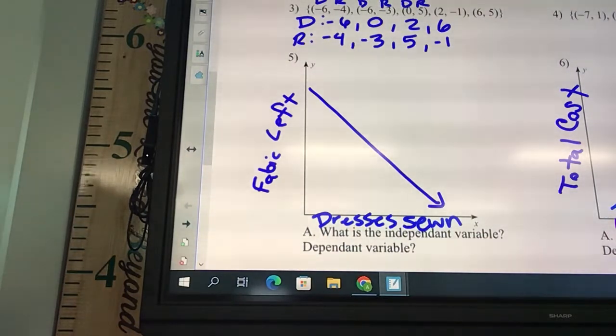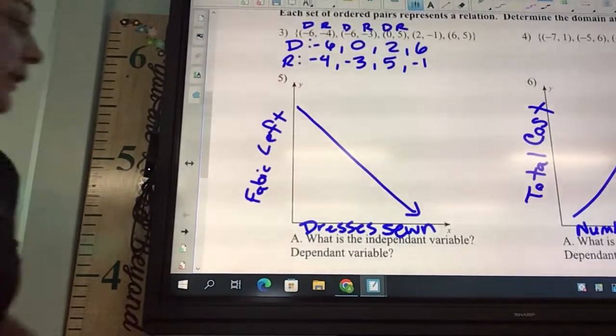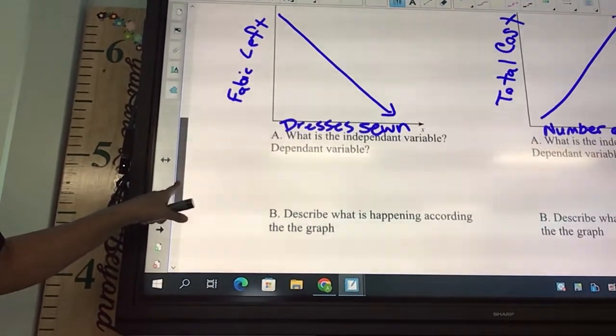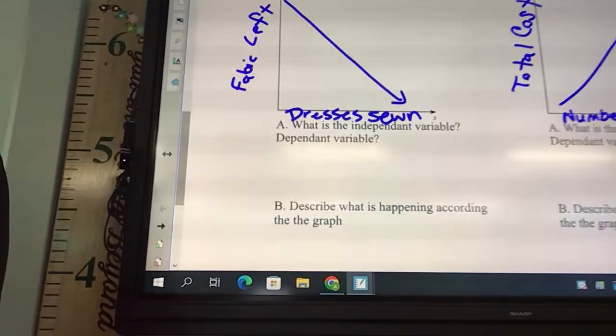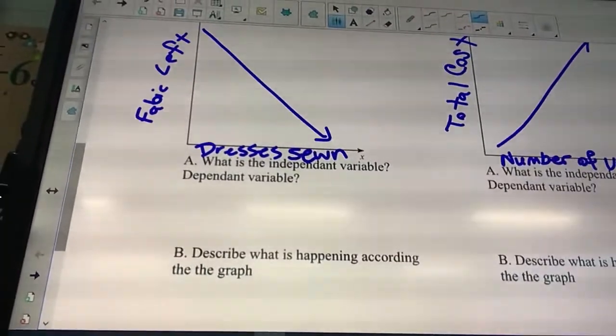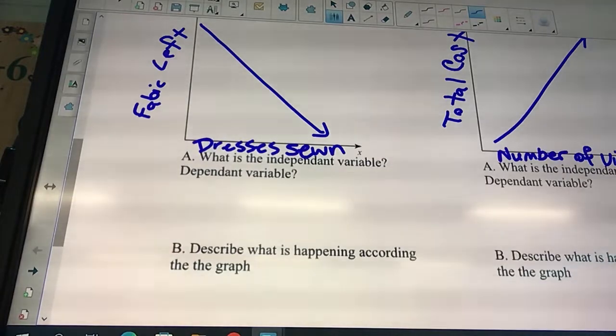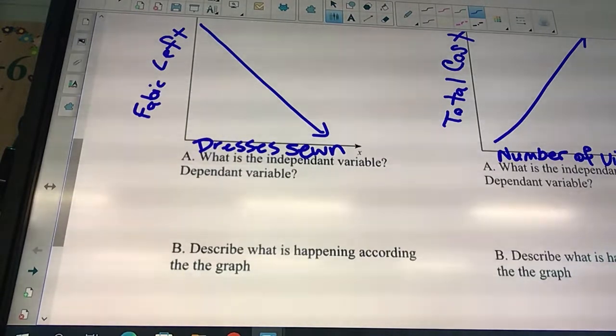Okay, we're looking at this one. What is the independent variable? Which one relies on itself? The dresses? The fabric?